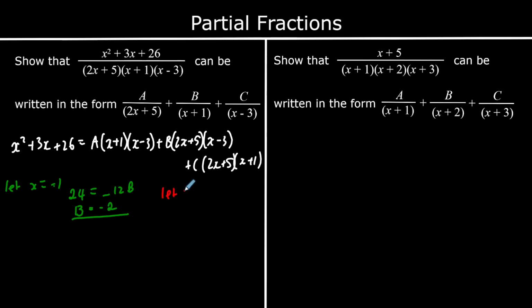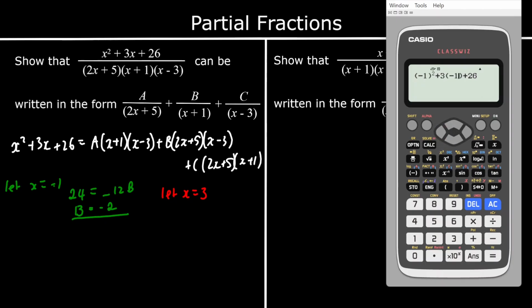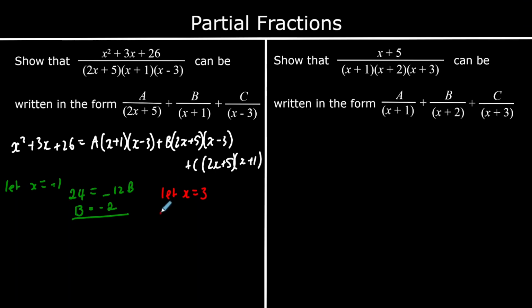If we let x equal 3, we can eliminate a and b. So if x is 3, squared plus 3 3s plus 26 is 44. And that will be c times 11 times 4, 44c. c must be 1.